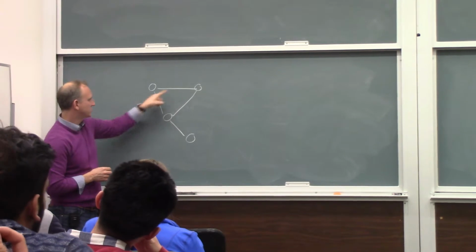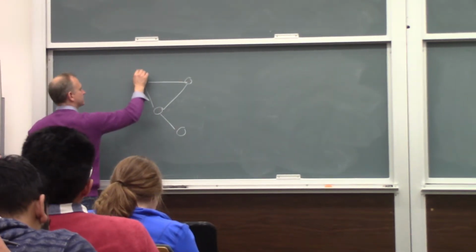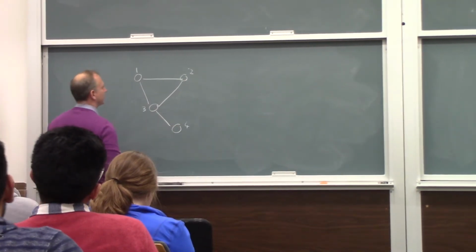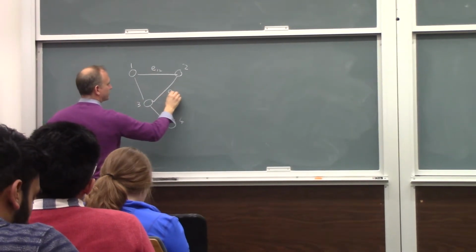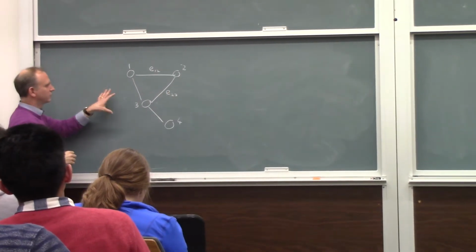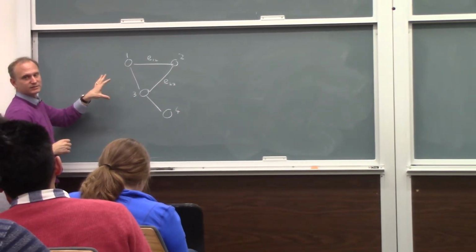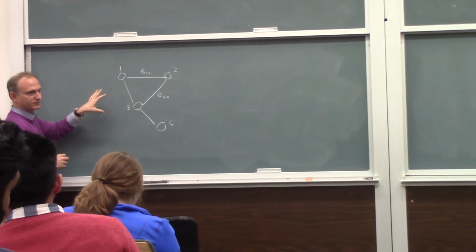Each of these things is called an edge. Usually we'd label the nodes with indices. So maybe this is node number 1, number 2, number 3, number 4. And this is going to be, say, edge 1, 2, edge 2, 3, and so on. We're going to get more into graph theory, how to represent graphs, and the kind of algebraic properties of graphs next lecture.